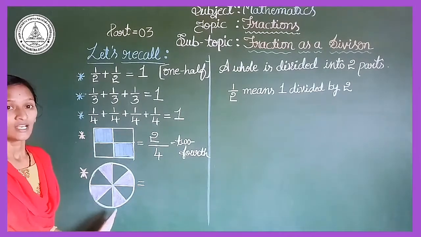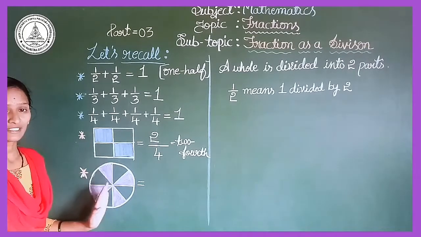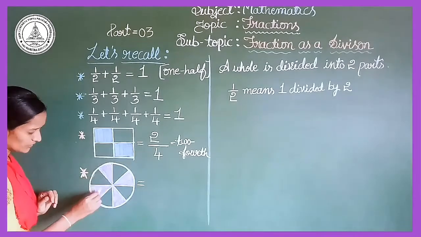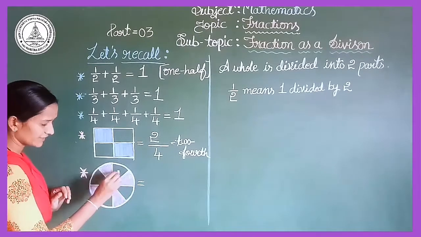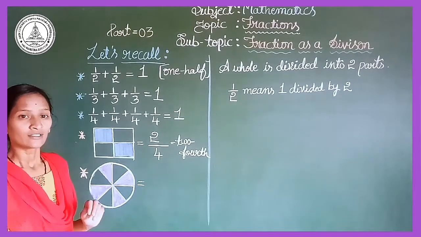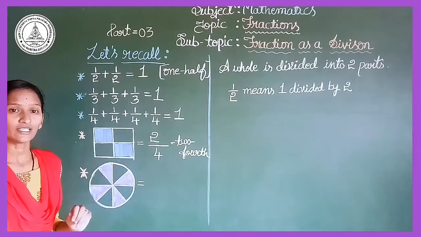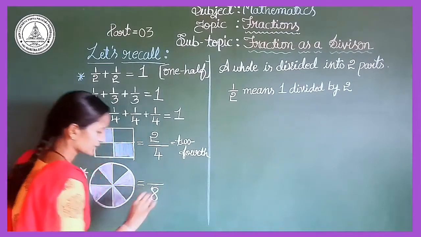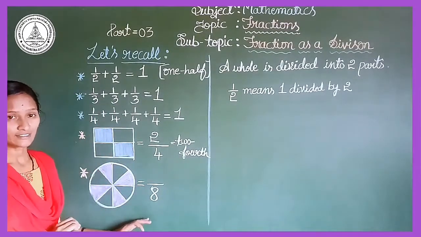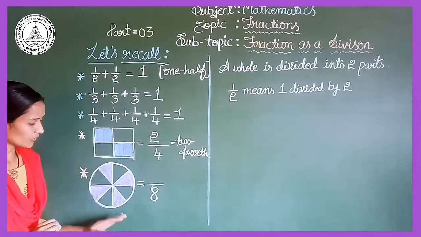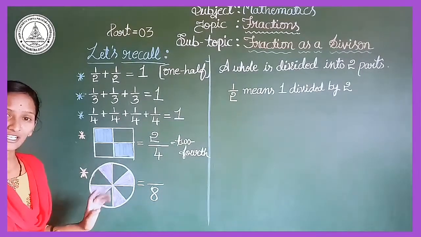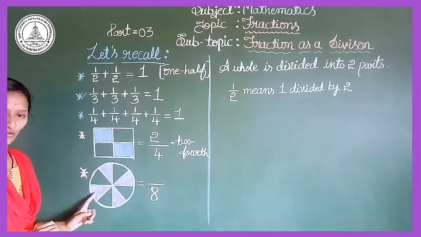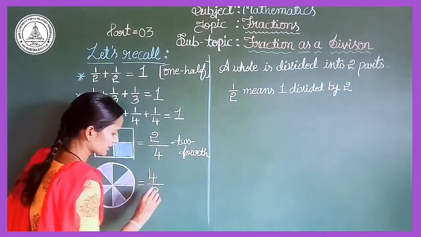Here is a circle. In this circle I am dividing it into 8 equal parts. See here 1, 2, 3, 4, 5, 6, 7, 8. The total number of equal parts is 8 here. So write down 8. That is the denominator. In this picture, how many parts are shaded? 1, 2, 3, 4. 4 parts are shaded here.